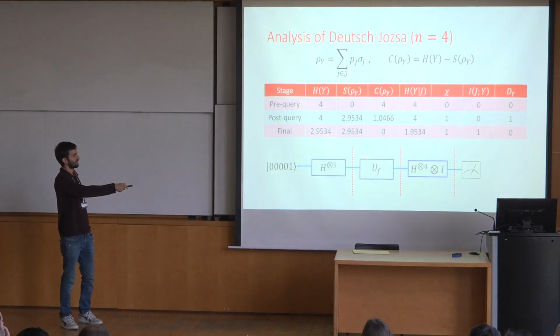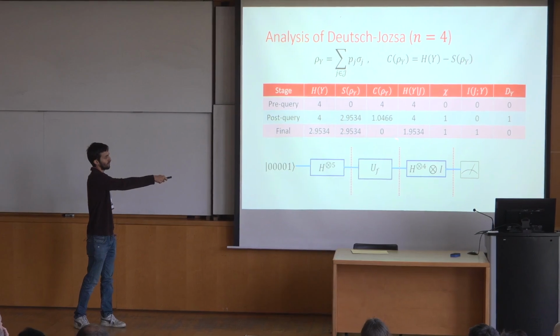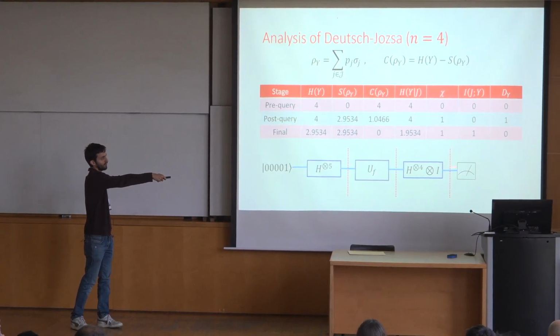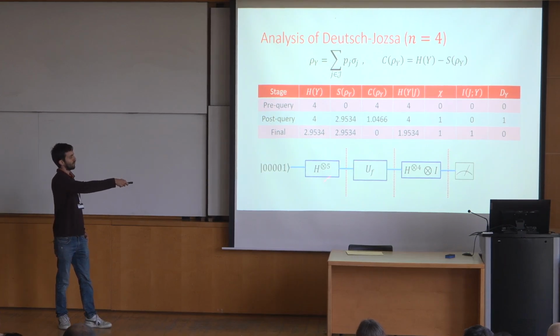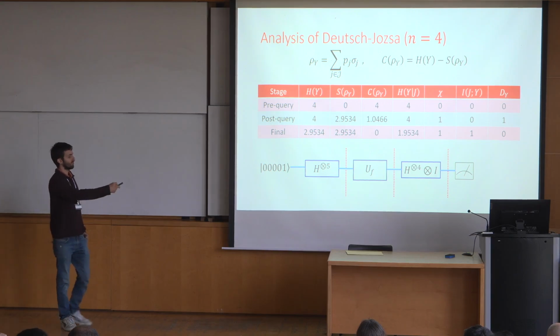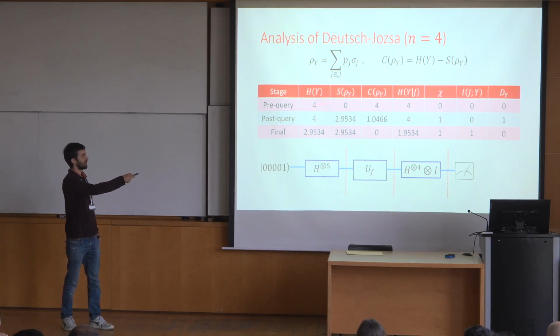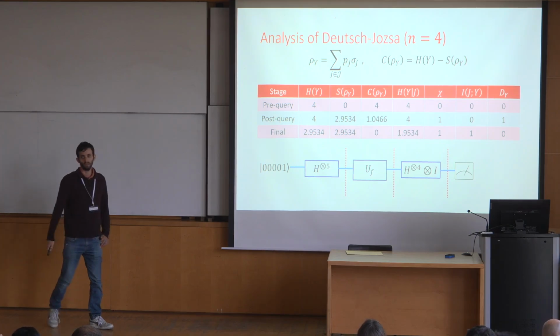What it means basically is what happens if we stop the algorithm here and measure at this point, or let it run to the end and then measure at the end. So these are the pre-query, post-query, and final stages. And for each one, we computed the information theoretic quantities. We have Shannon entropy of Y and von Neumann entropy of rho_Y and coherence, conditional entropy, chi that I mentioned before, mutual information, and the discord.